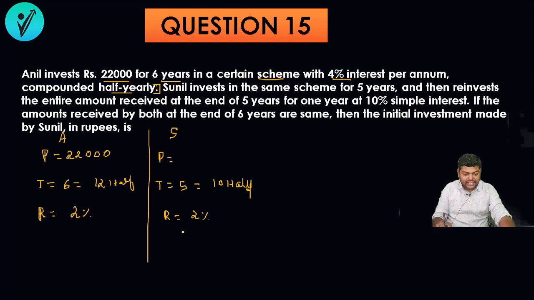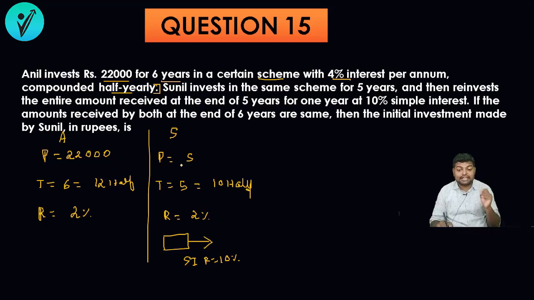After the end of the 5 years, whatever corpus he has, he is reinvesting it in SI with a rate of 10% per annum. If the amount received by both at the end of 6 years are the same, then the initial investment made by Sunil is, let's say, S rupees.